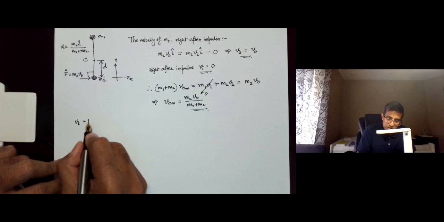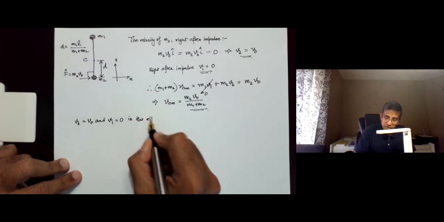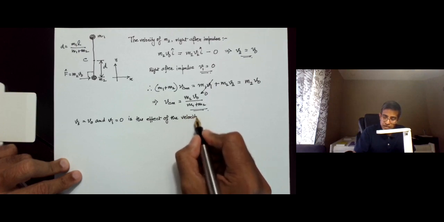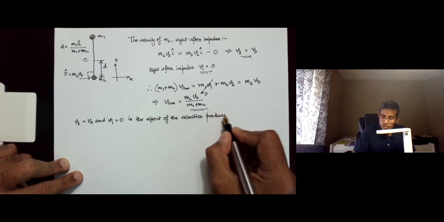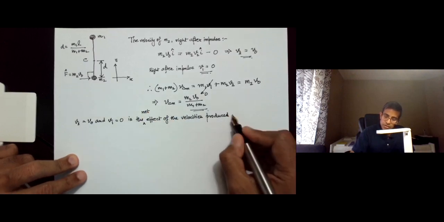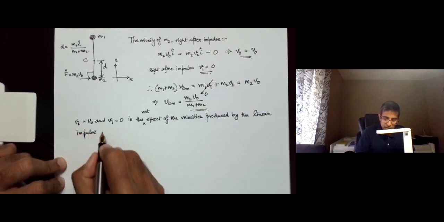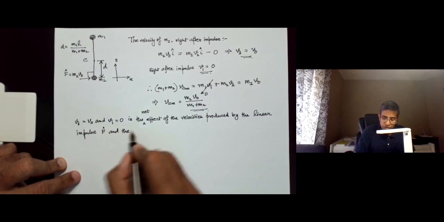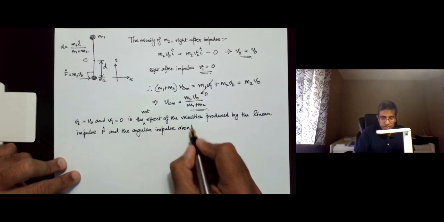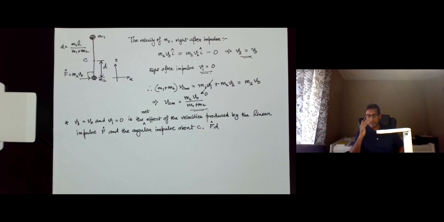So v2 equals v0 and v1 equals 0 is the net effect of velocities produced by the linear impulse F hat and the angular impulse about c, which is F hat times d. Okay, so we need to interpret these velocities carefully.